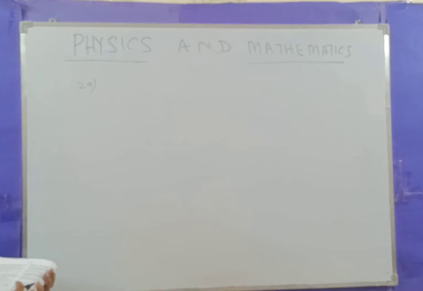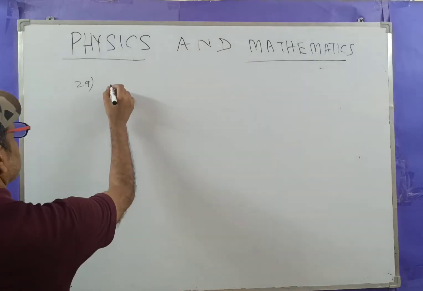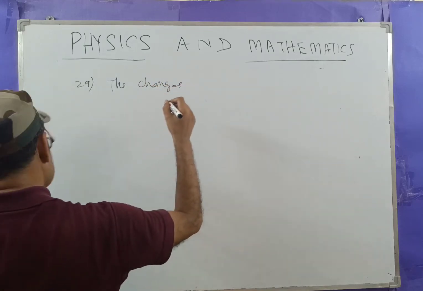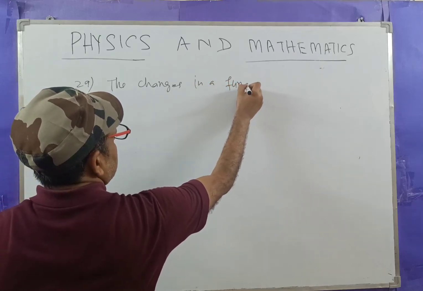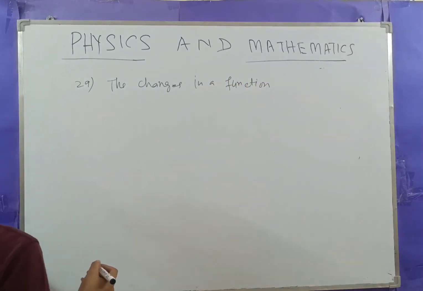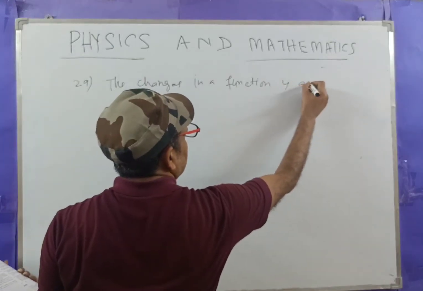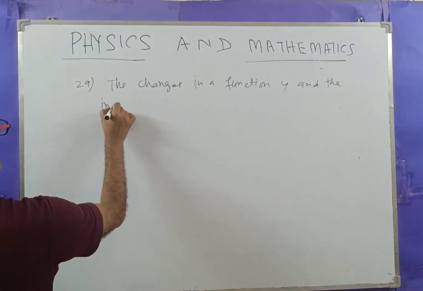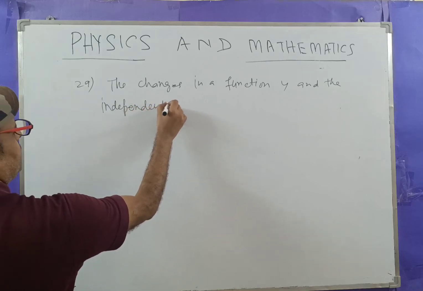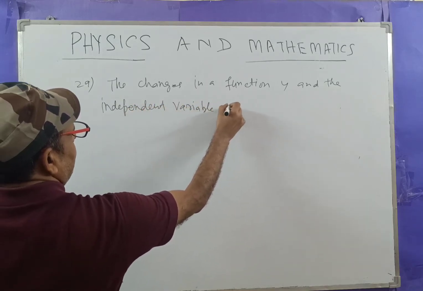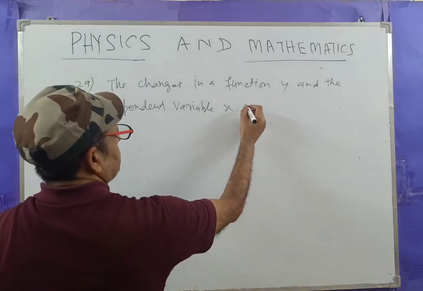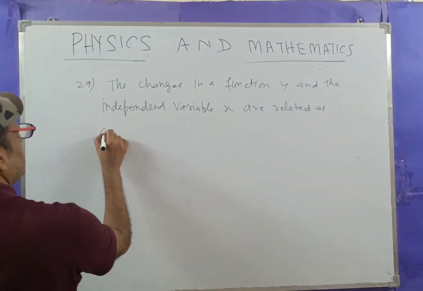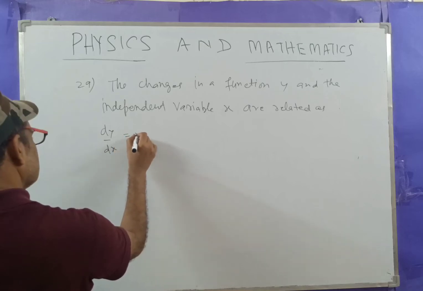In 29, the changes in a function y and the independent variable x are related as dy by dx is equal to x square.